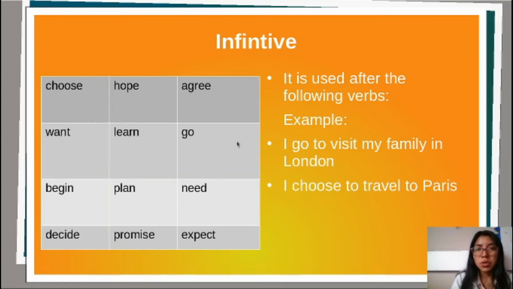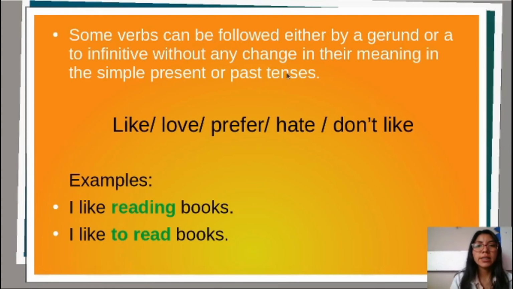We have some special verbs we are going to see. In this case, we said some verbs can be followed either by a gerund or to infinitive, without any change in their meaning, in the simple present or past tense. If you have these verbs, like, love, prefer, hate, don't like, you can use both gerund or infinitive.